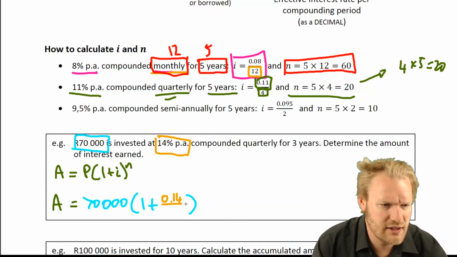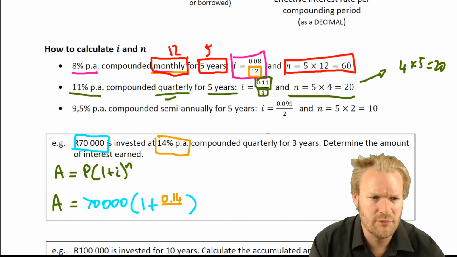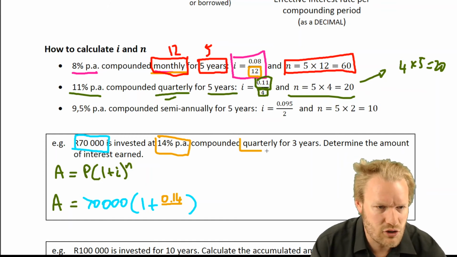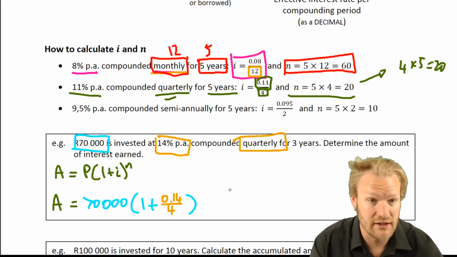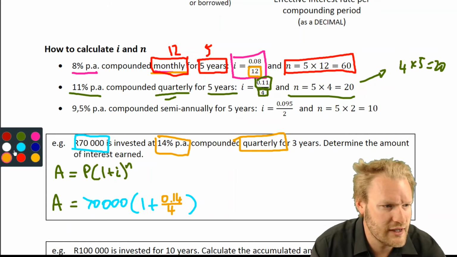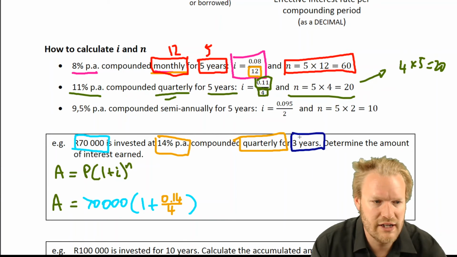But now we need to see how often we are compounding it. It says quarterly, which means that it's over 4. Quarterly is 4 quarters, we know that. And then the final bit of the puzzle is that we've got this for 3 years.